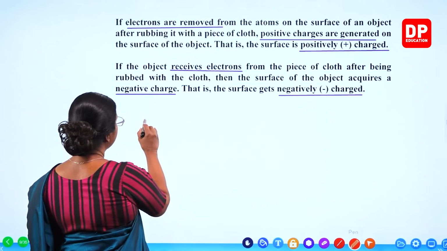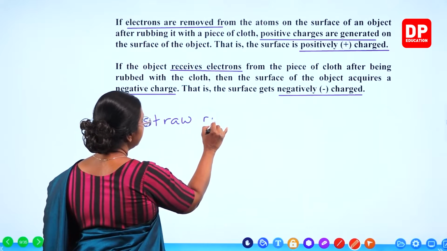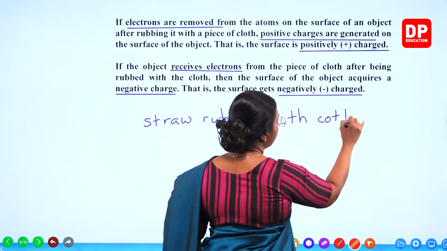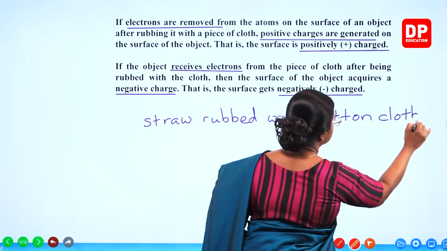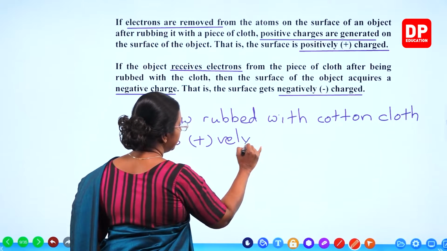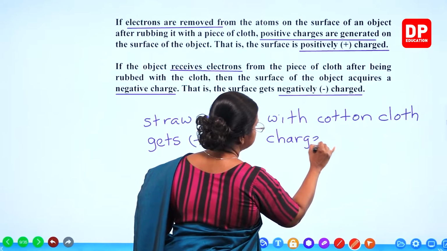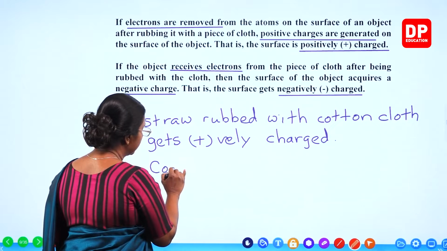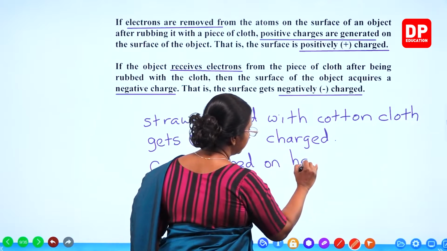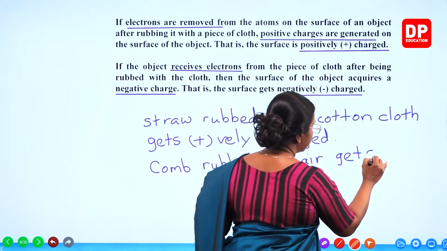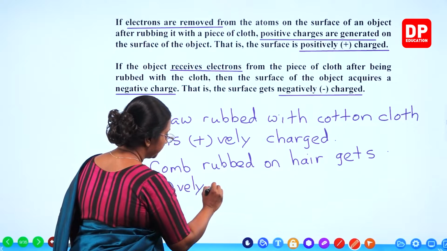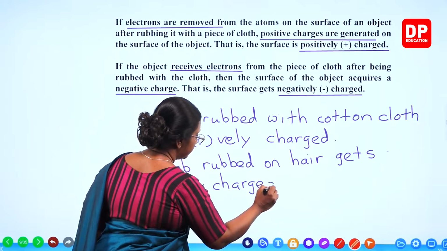As an example, if you remember, a straw rubbed with cotton cloth gets positively charged. Then a comb rubbed on hair gets negatively charged.